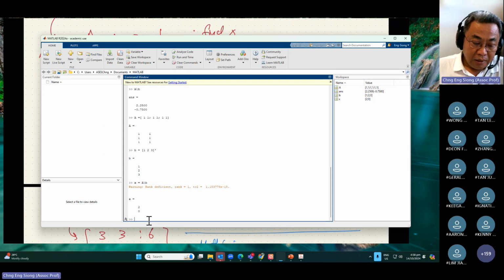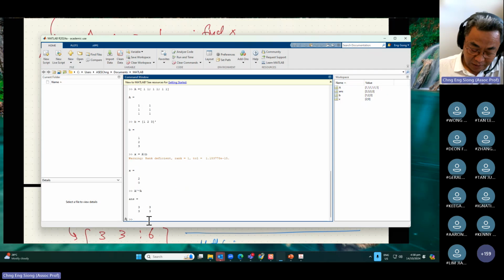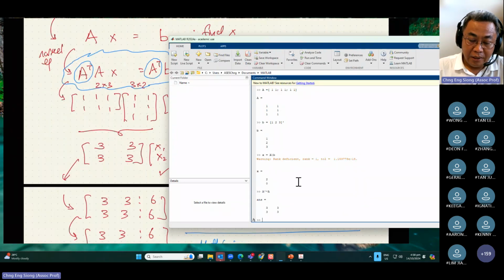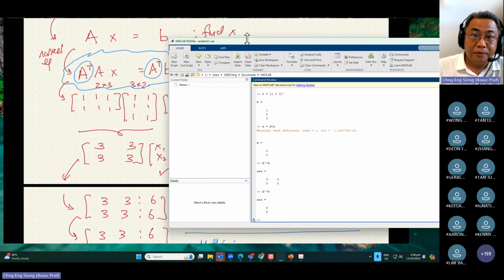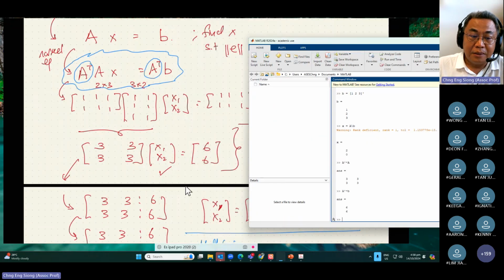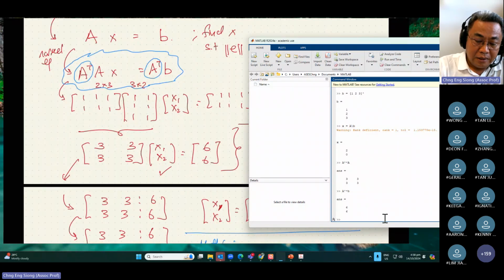Now, some tricks. A transpose A. Okay, I got this number correct. A transpose A, A transpose b, 6, 6. I got it correct. And someone will ask me, can I do the inverse of A transpose A? A transpose A is 3 by 3.